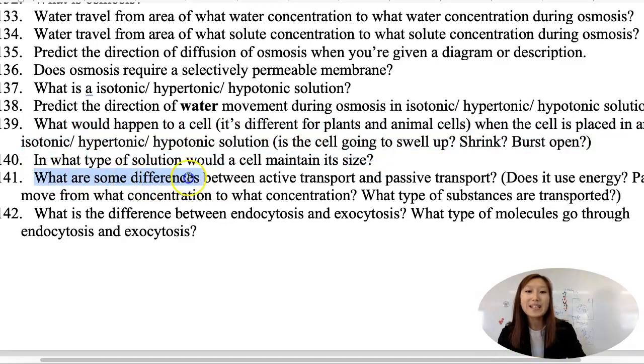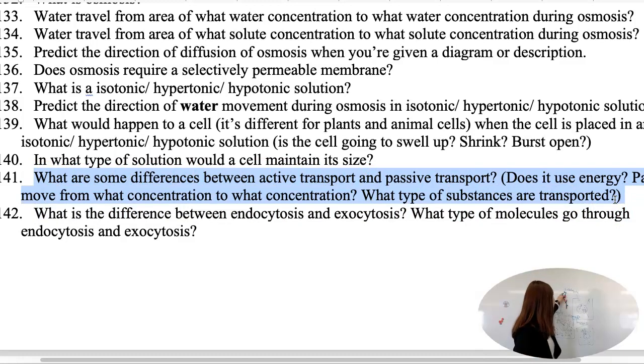The difference between active transport and passive transport. So active transport is, let's say you have all these molecules over here. We have a selectively permeable membrane over here, right? And then you need this protein to be in charge of active transport. If you want molecules to move from an area of high concentration to low concentration, diffusion can allow that to happen, right?